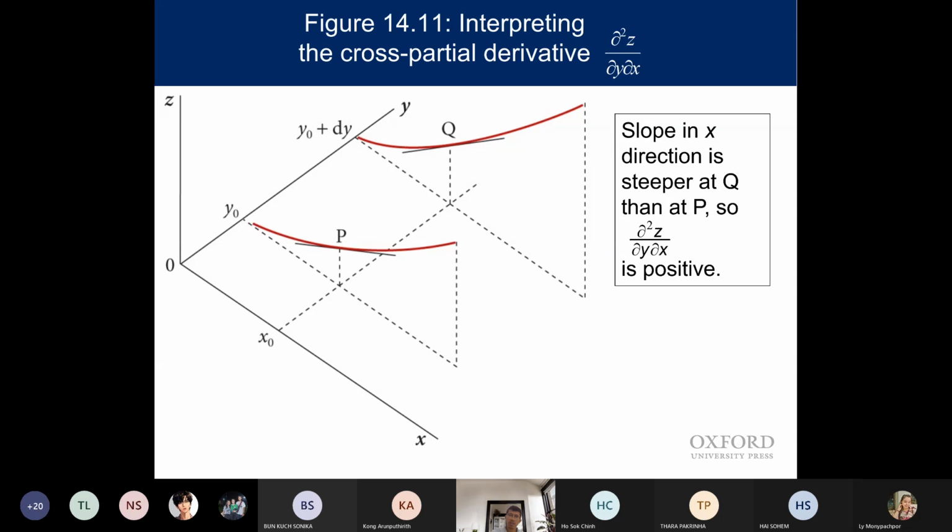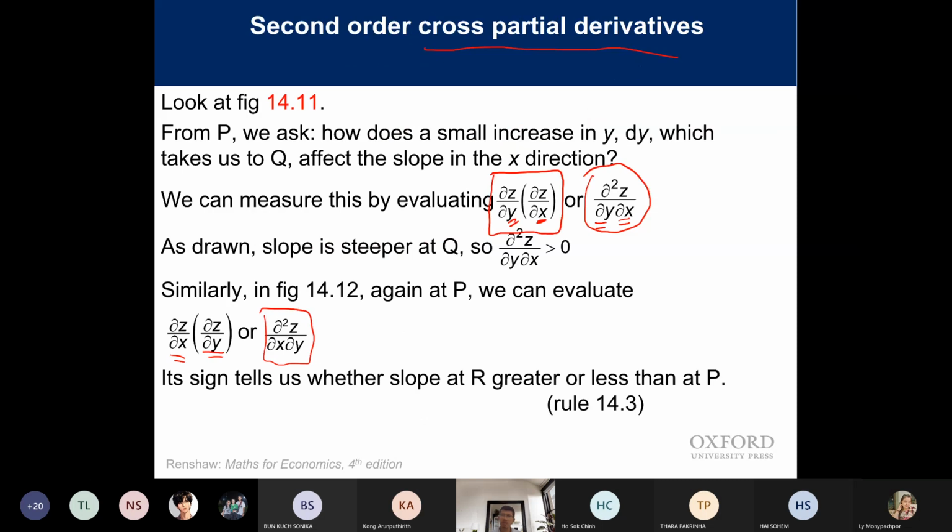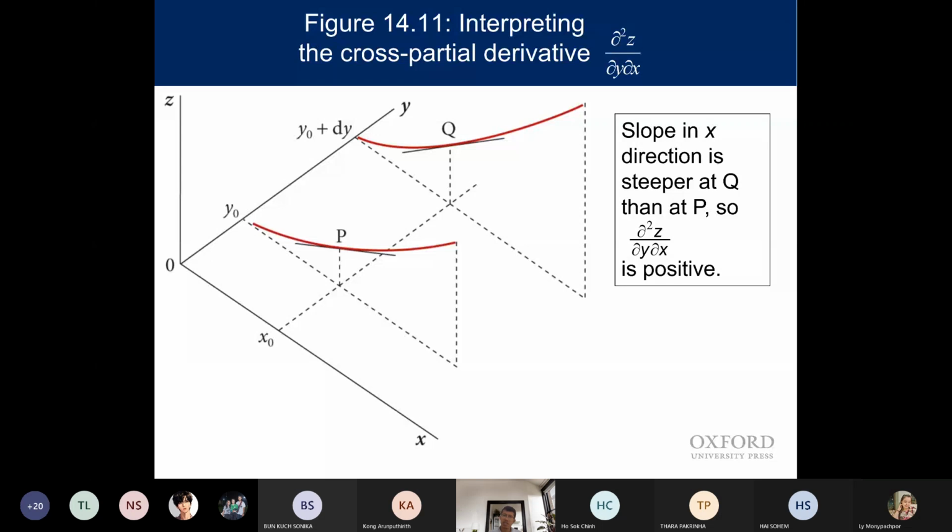Maybe you can think of the interpretation of the cross derivative. What should it be? Let's say this is the case when you let y be fixed. If you're interested in the partial derivative with respect to x, it's like you walk along the surface in the x direction.